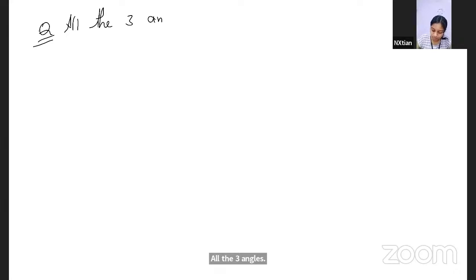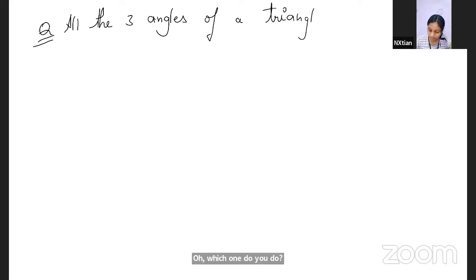All the three angles of a triangle are equal. Find the measure of each of the angles.